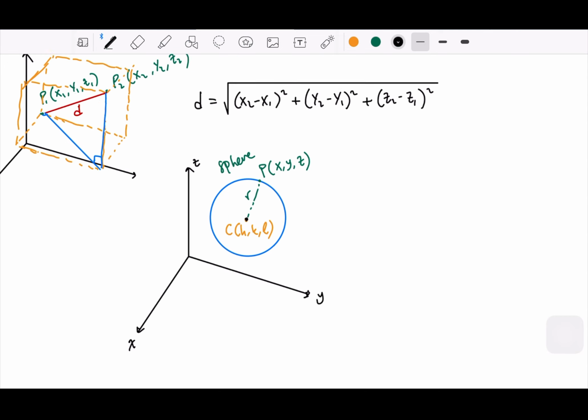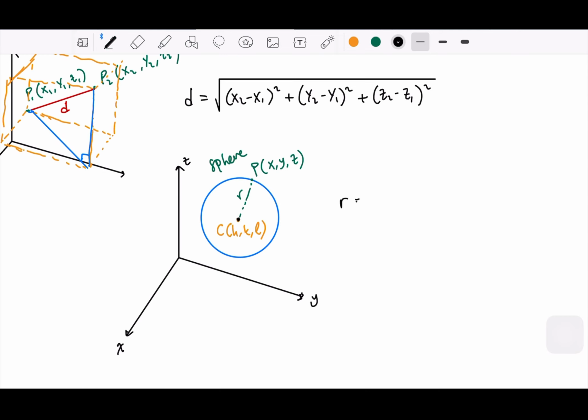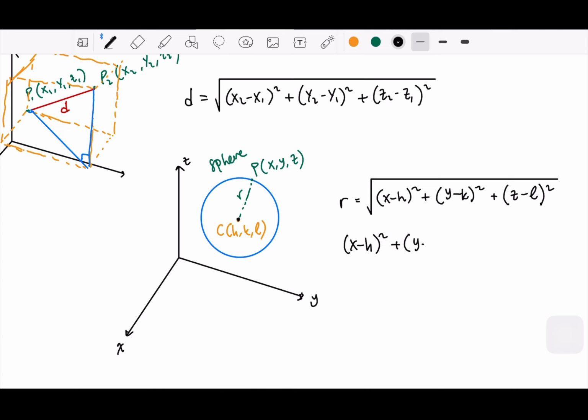And if we're looking at the formula of the distance, or in this case the radius, or if we want to write it in terms of the formula of this sphere, we can just square this, and this becomes r squared.